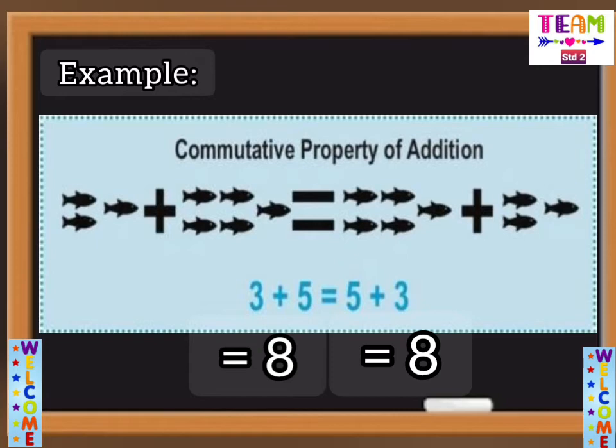No matter what order you put the addends, you will always get the same result, like in this example that we saw. On one side we have 3 plus 5, and on the other side we first have 5, then 3. We have 5 plus 3, and when we add both sides we get the same answer.